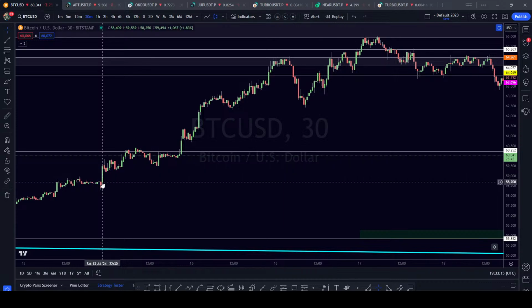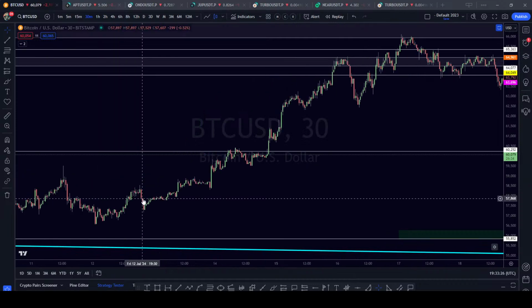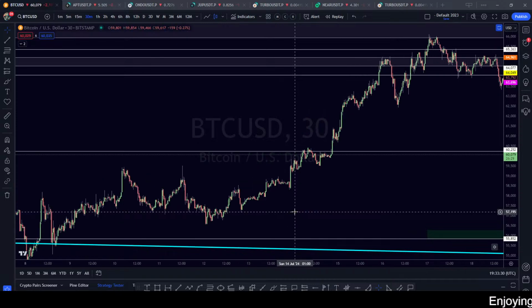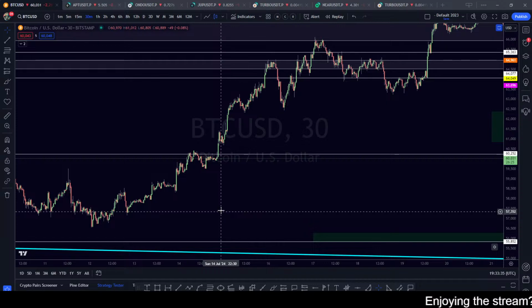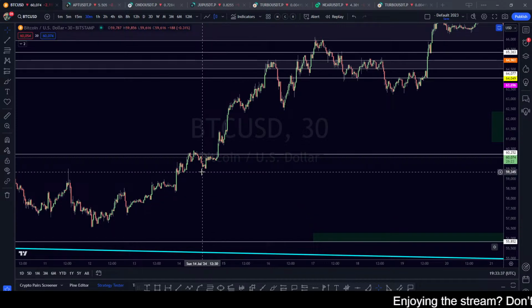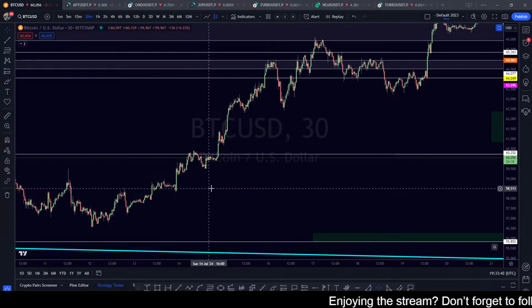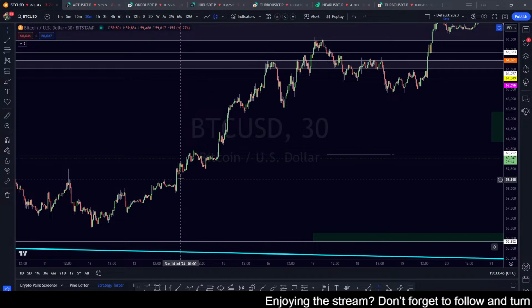Now, there are fair value gaps on all time frames, and the smaller time frame you go into, the more likely you're going to have more fair value gaps, more support resistance levels, more everything. The higher time frames, in my opinion, you tend to get lower support resistance levels, lower areas of fair value gaps, and all the other great fun stuff. But as I mentioned, here we do have a fair value gap.